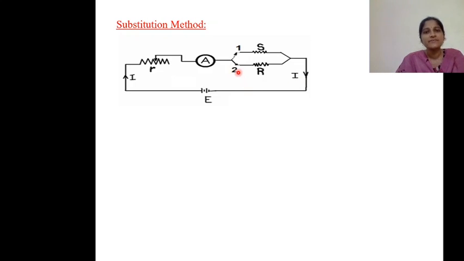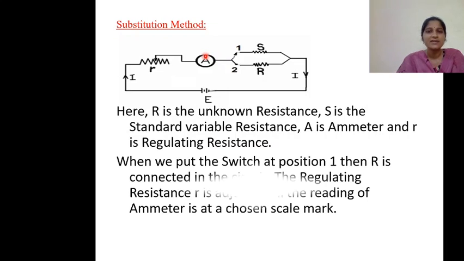Here, R is the unknown resistance, S is the standard variable resistance, A is the ammeter, and R is the regulating resistance. Now we put the switch at position 2, so the unknown resistance R is connected in the circuit.